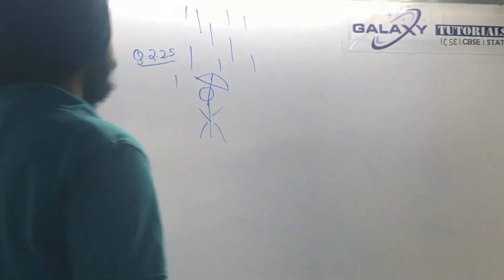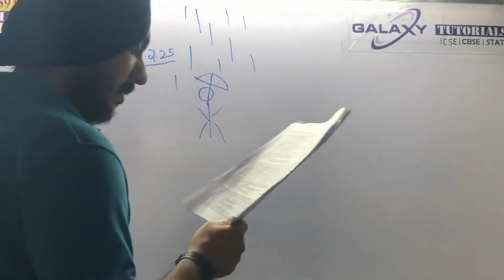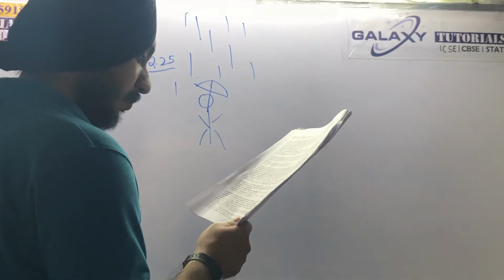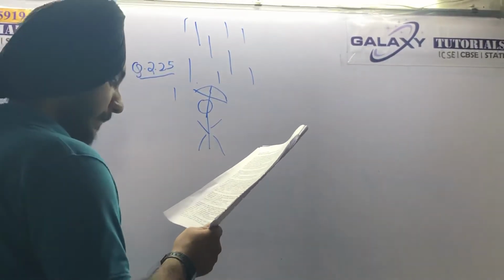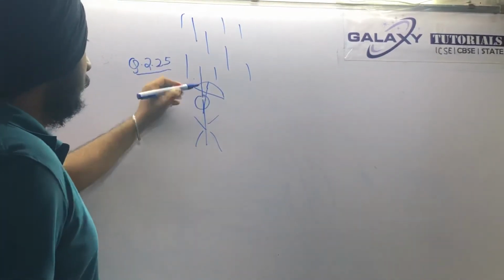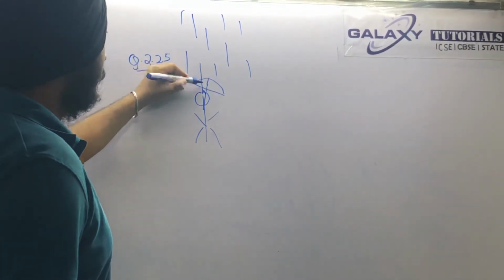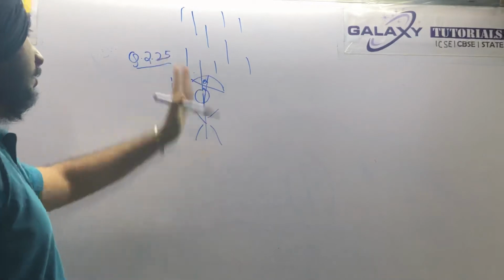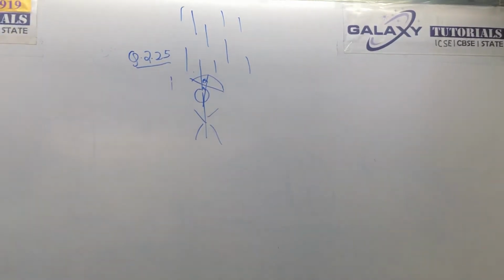The rain is falling. The things that are given in this question are basically that the angle of the umbrella is theta with respect to the vertical, and the velocity of the man is v.